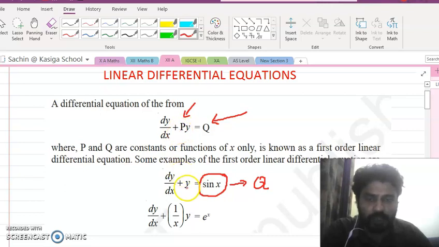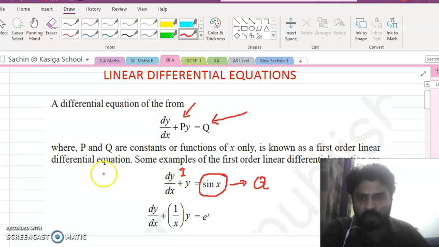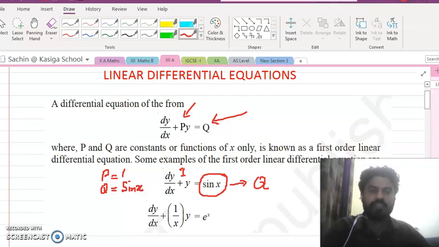Here you can see there is no coefficient of y except 1. So 1 is p. As we observe here, p is equal to 1 and q is equal to sin x.